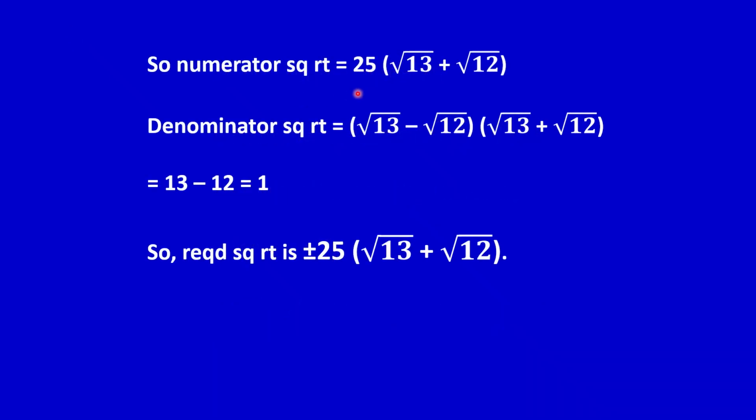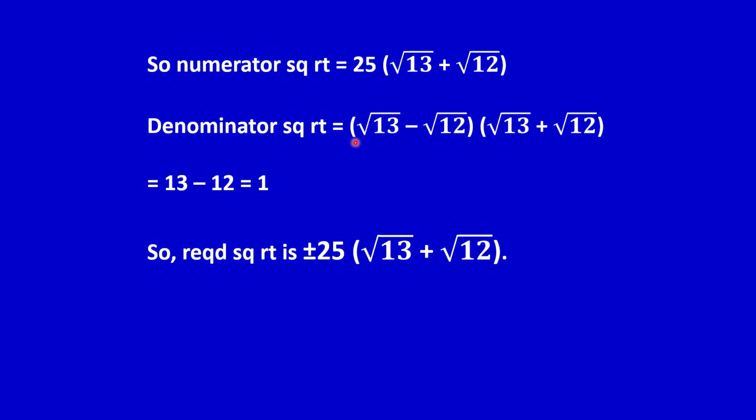So numerator is 25 into root 13 plus root 12, and denominator is root 13 minus root 12 into root 13 plus root 12. So this is a minus b into a plus b, that is a square minus b square. So root 13 square minus root 12 square is 13 minus 12, which is 1.